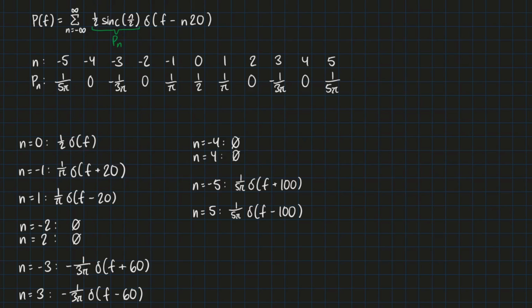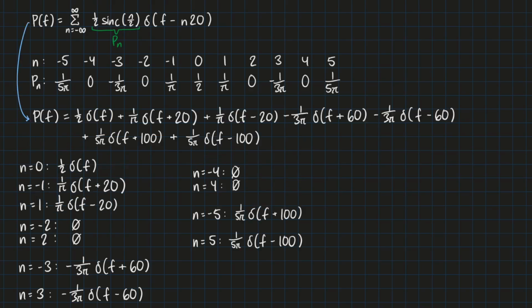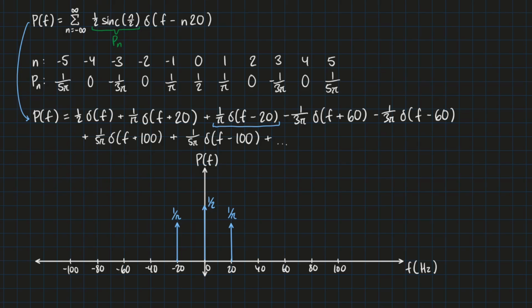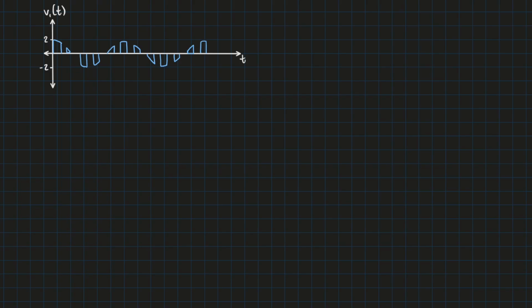Now that we have some harmonics, we can write P(f) as follows. So the frequency spectrum of P(f) is as follows. At v1(t), when we multiply the message signal and the pulse train in the time domain, we'll get something that looks like this.